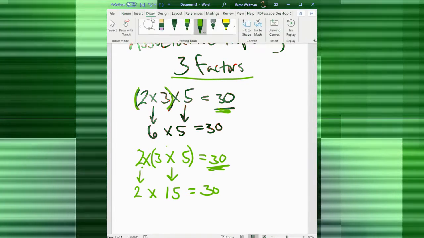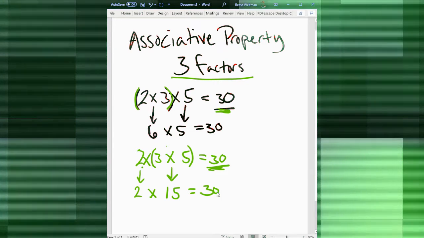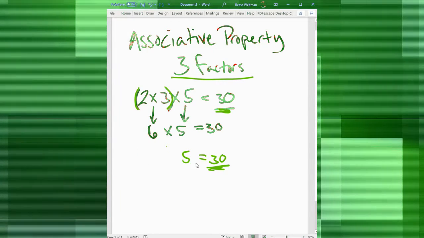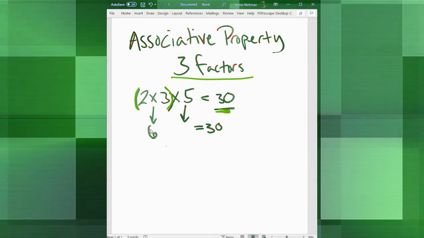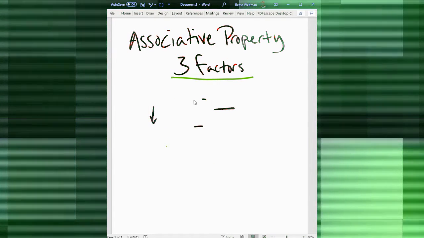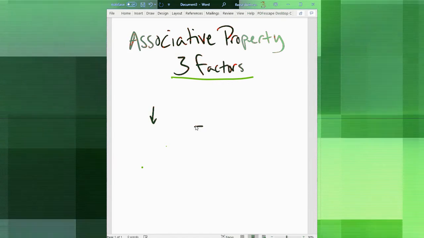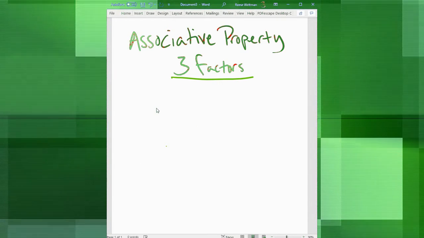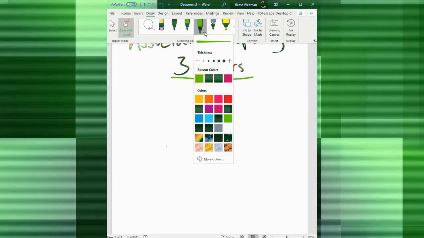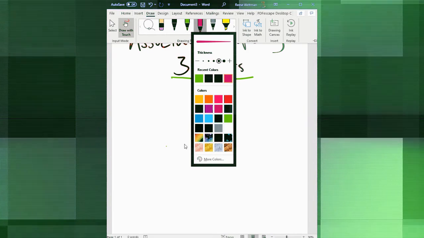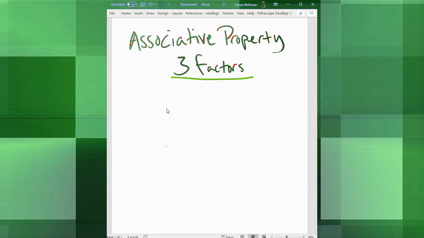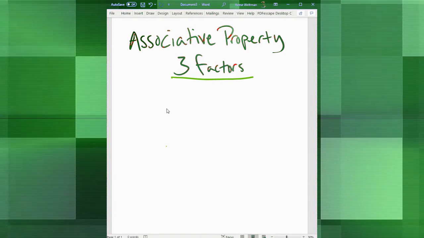So let's go ahead and try another one as an example here. Let's get rid of these and look at a different one. And this will work for any three-factor multiplication problem. And remember, this is related to other properties, like the commutative property, for instance, which tells us that we can switch factors around as well, right?